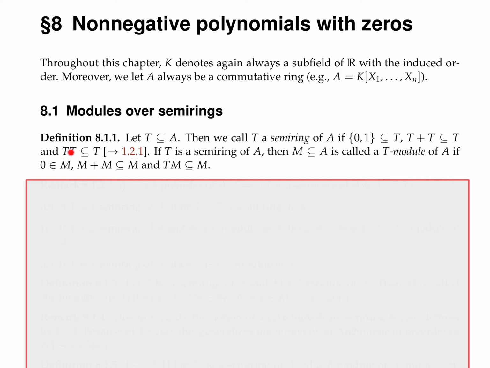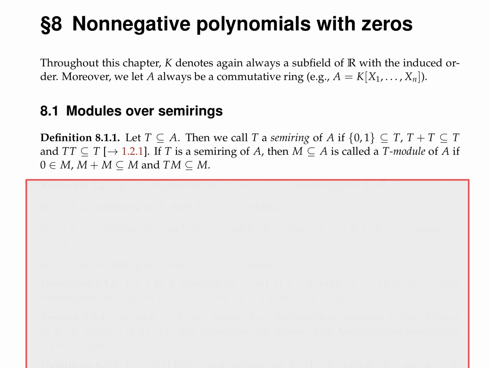That's the same as a semiring in this case. This condition just means that it's closed under multiplication with non-negative scalars. So it's also a little bit like the definition of a cone, right? But in general, it has to do with this ring multiplication, not just with scalar multiplication.